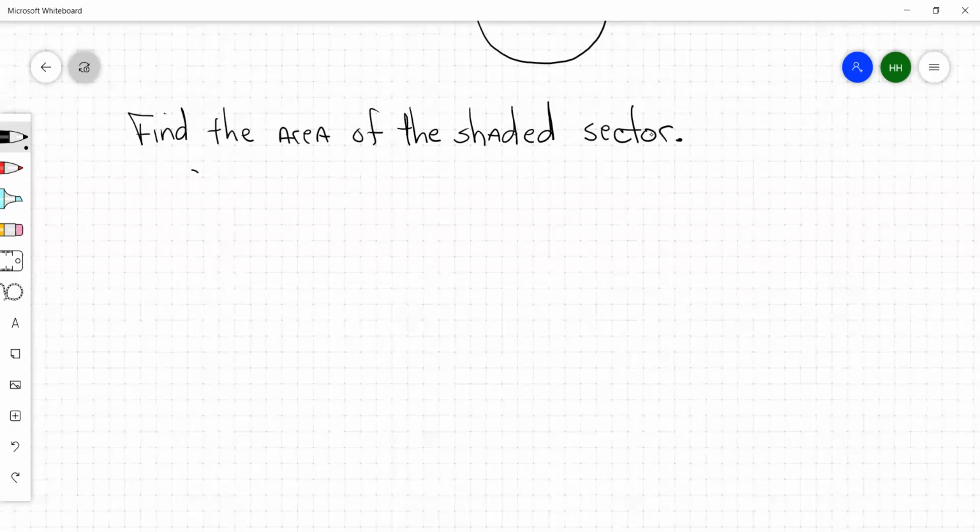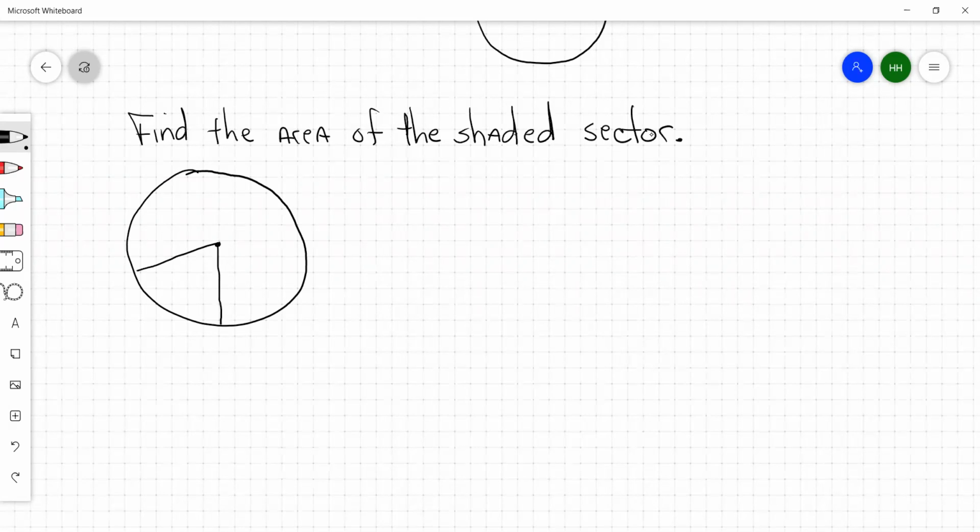And if you got this circle right here, and here's our shaded sector.